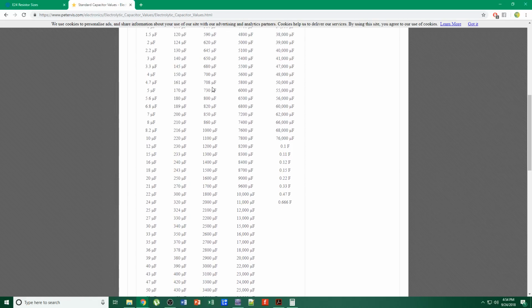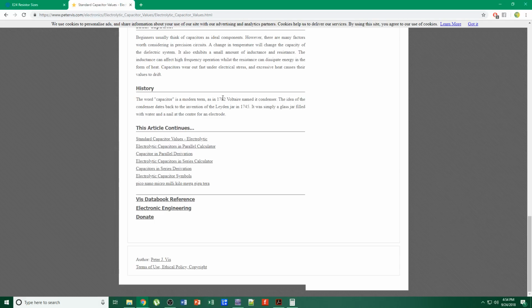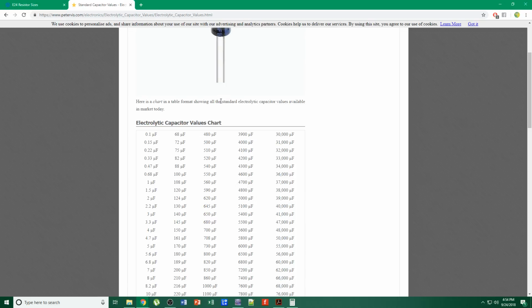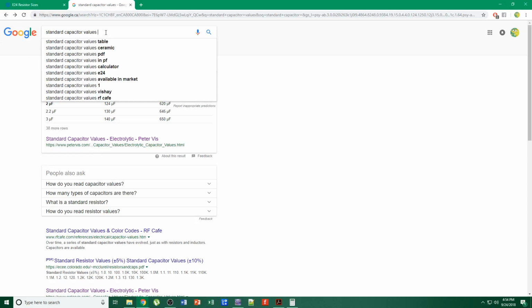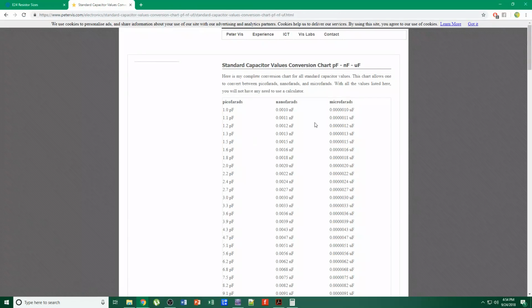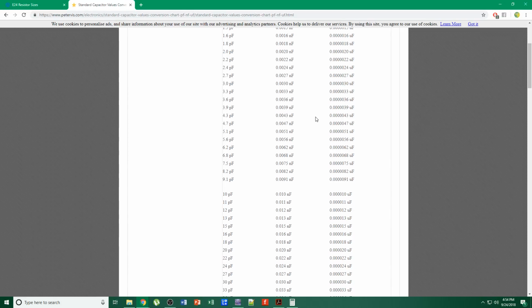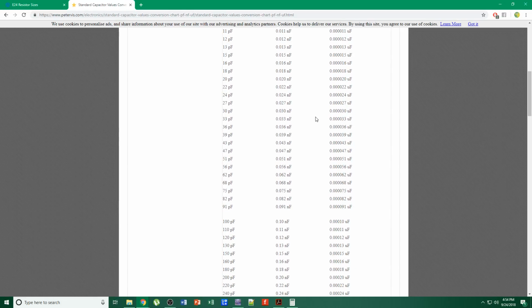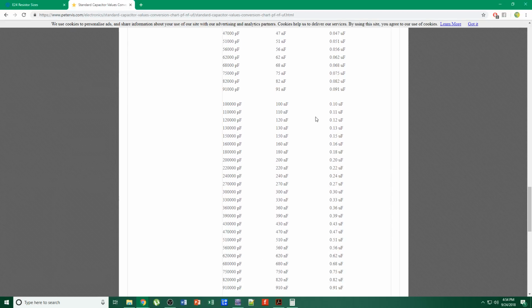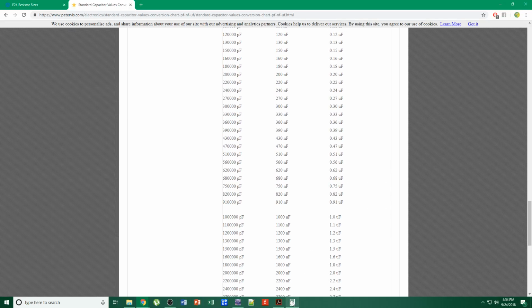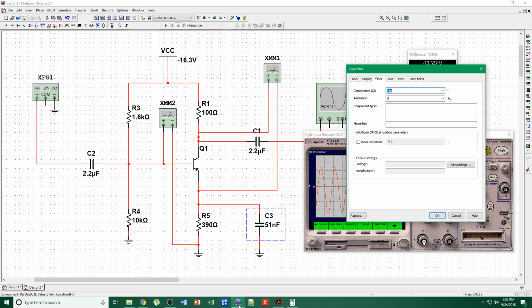There it is. It's the microfarads. I don't care about microfarads. And nanofarad. There's one. Nanofarad. Okay, so we decided to increase it from 51.